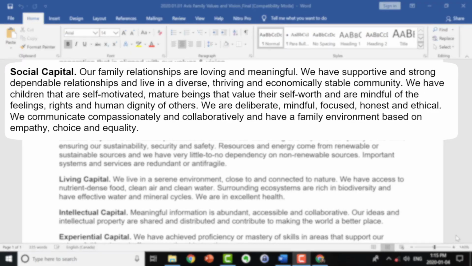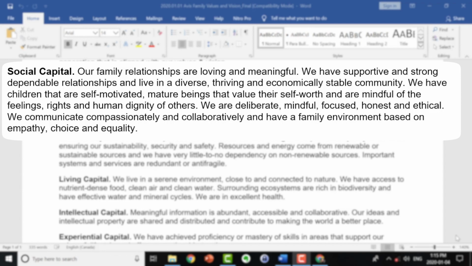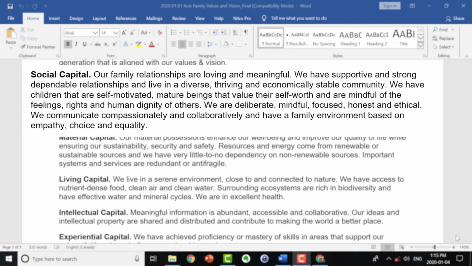There are some statements about us: we're deliberate, mindful, focused, honest, and ethical. And communication we identified as a key skill, something that we would have to be able to do compassionately and collaboratively in order to have really strong social capital.